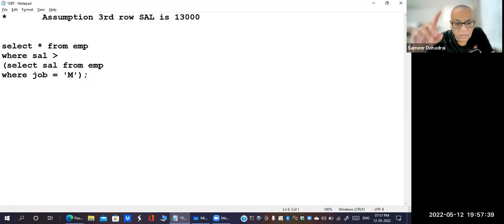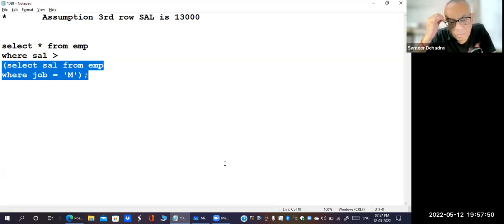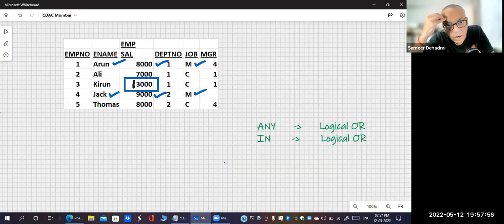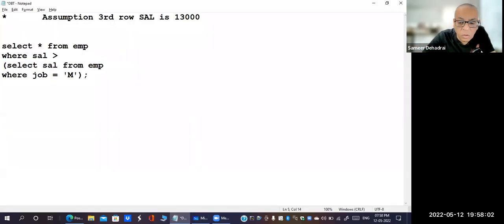Understand how this works. First, my subquery will execute. Select sal where job equal to manager will return the salary of all my managers. My subquery returns two values, 8,000 and 9,000 respectively.